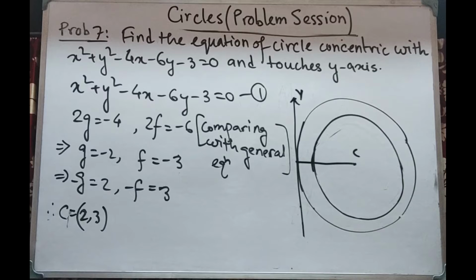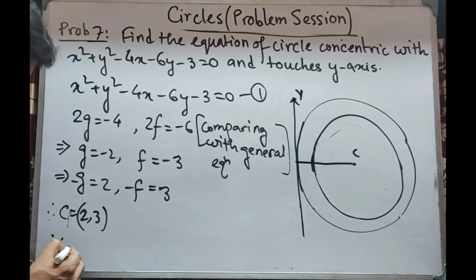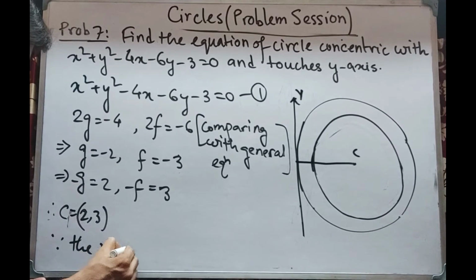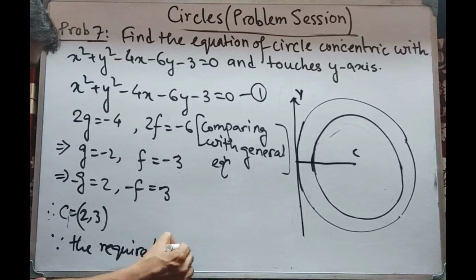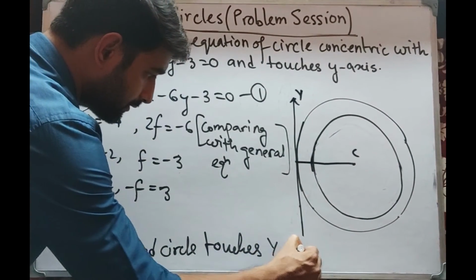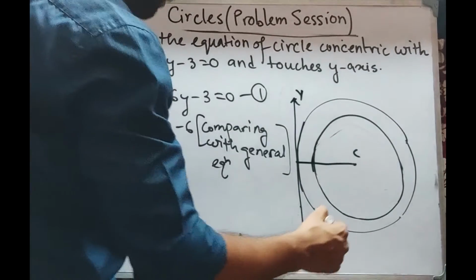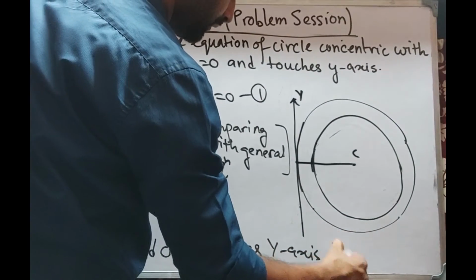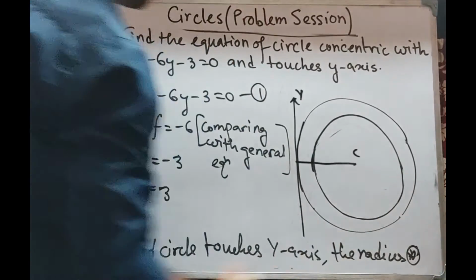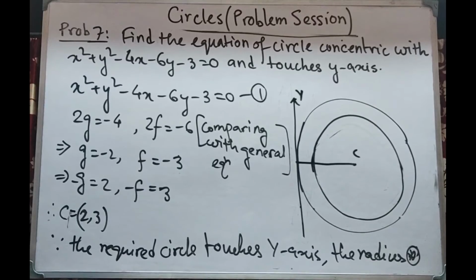So at a glance you are having the center, and since it is touching the y-axis, you can say that the x-coordinate of the center is the radius. So let us write, since the required circle touches the y-axis, the radius, we write it from here now instead of the picture.